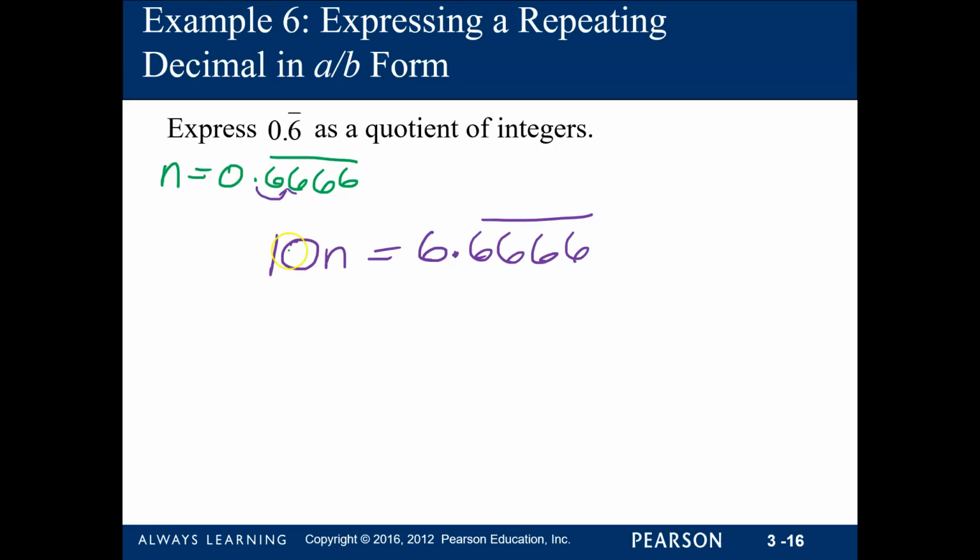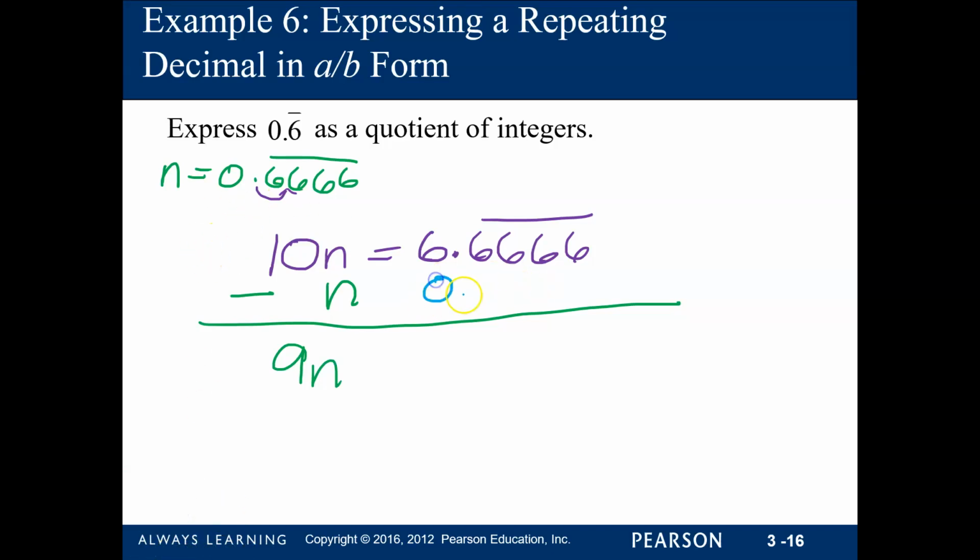Now remember, we have n from before. What if we subtract n from 10n? What will we get? 10n minus n is going to be 9n, correct? But what is n? As we know, n is 0.6666 repeating.